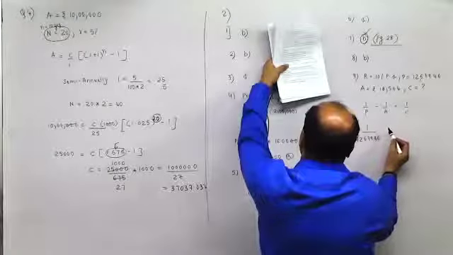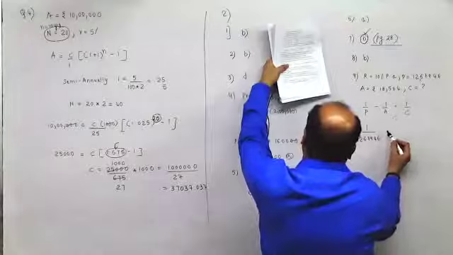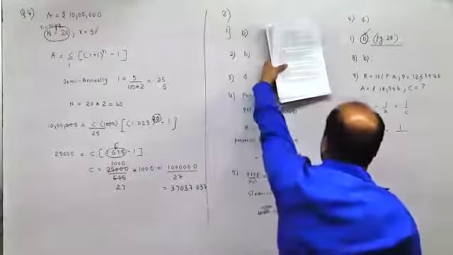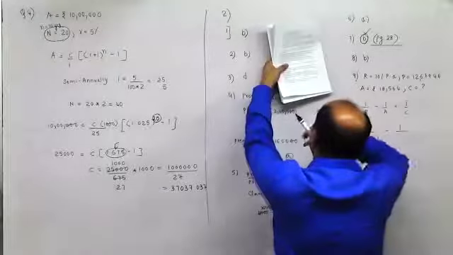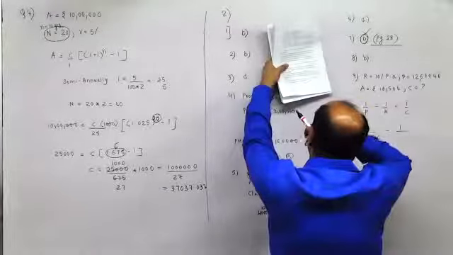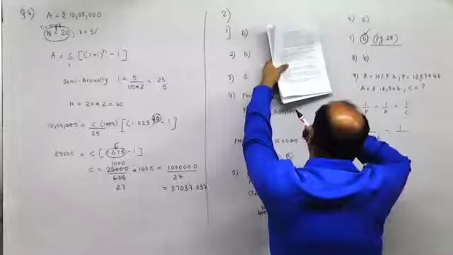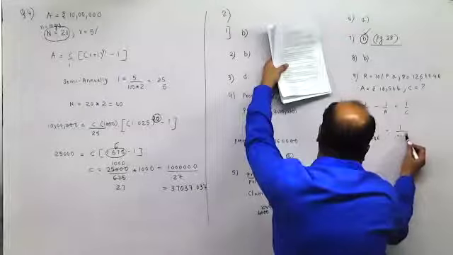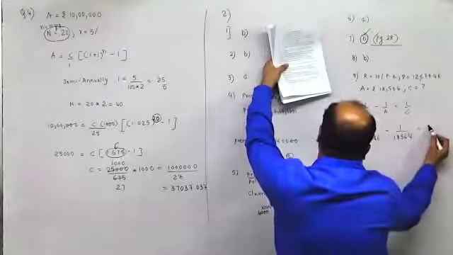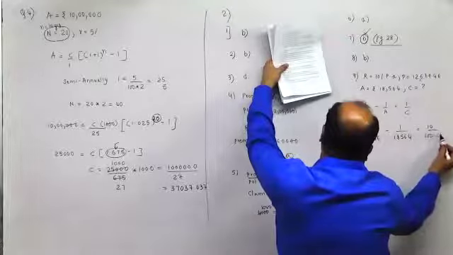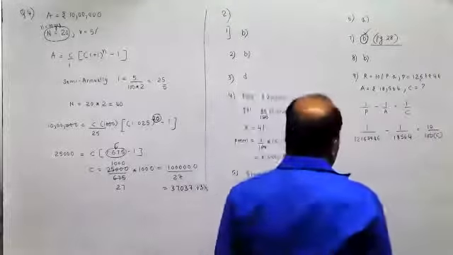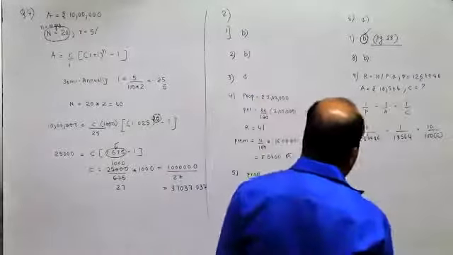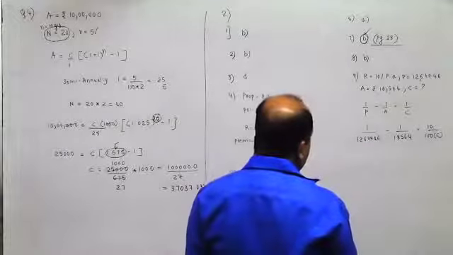12,679.46 minus 1 upon, but this calculation would be too bad. So I'll go with I is 10 upon 100 into C. My God, I cannot even think of multiplying this.